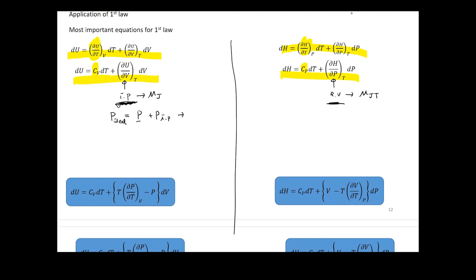In other words, you can write your P internal pressure as the difference between your P ideal minus your P real. So how can we get the P ideal? For the ideal gas law, we know P is equal to RT over V.